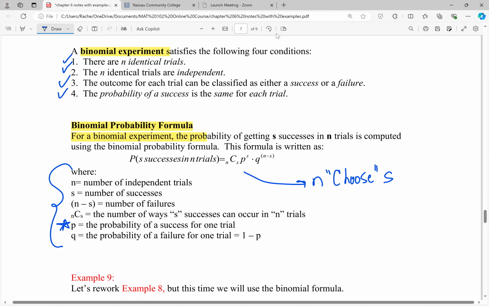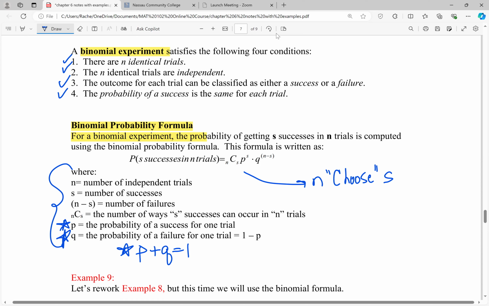And then we have to multiply that by Q, where Q represents the probability of failure, or 1 minus P, because a probability of a success plus a probability of a failure should equal 1. And then we raise Q to the N minus S power. So the number of trials minus S successes. And that's how the binomial formula works.